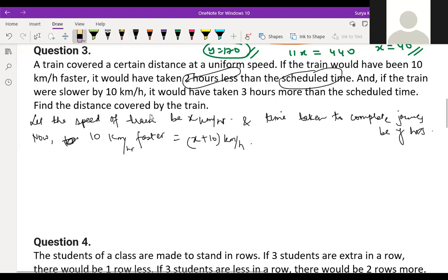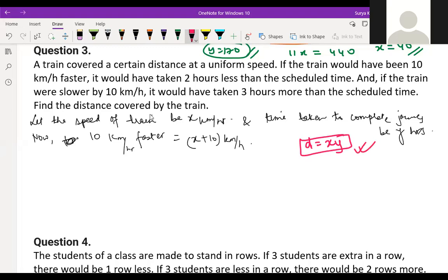Because they are talking about time also, the 2 hours less is compared to the scheduled time, which is y hours. Distance is equal to speed into time, so the total distance is x into y.